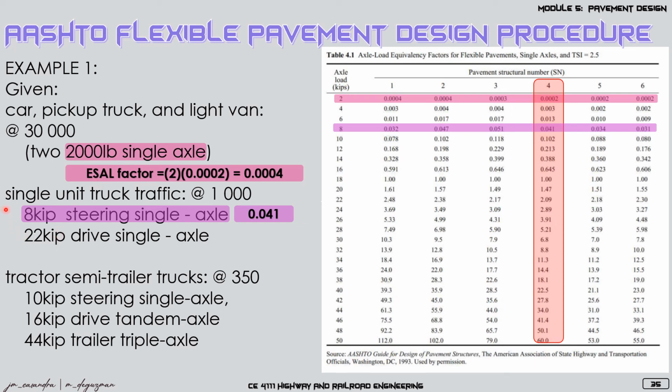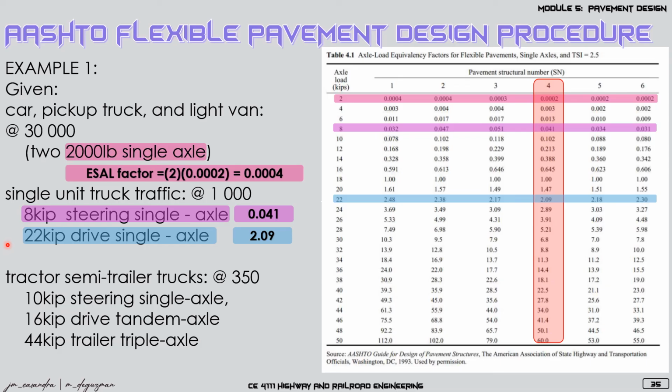Still under the single unit truck, it has a 22-kip drive single axle load. So we still use Table 4.1. Look for the 22 kip row. And from here, we get a factor value of 2.09.